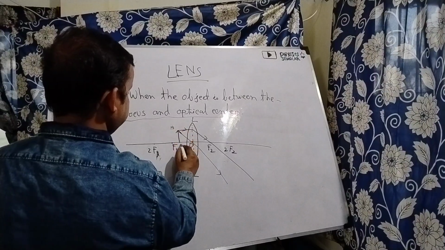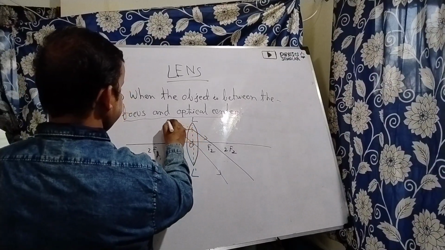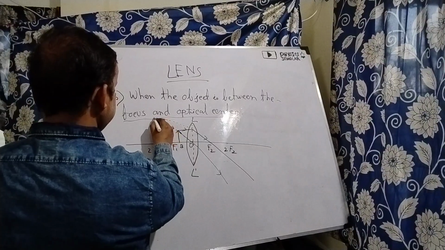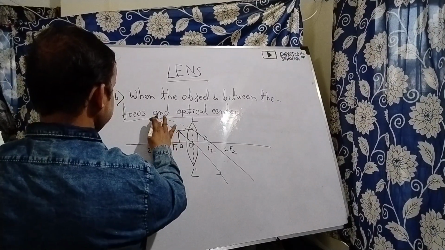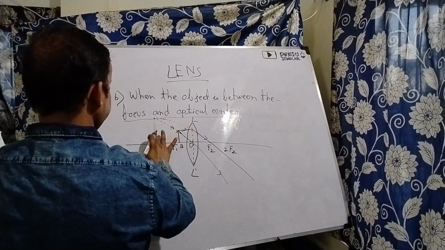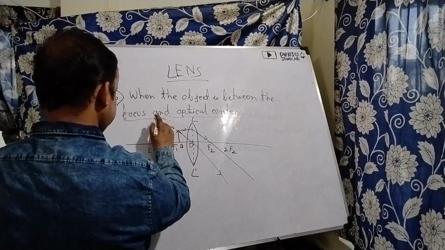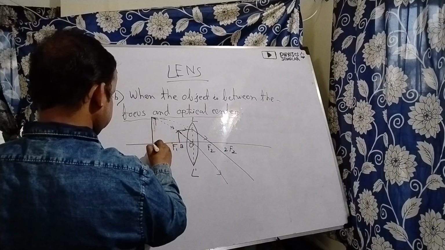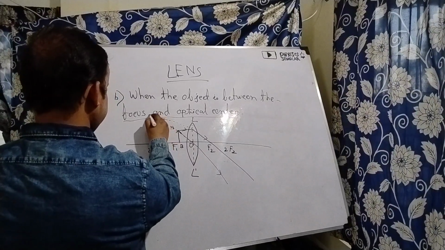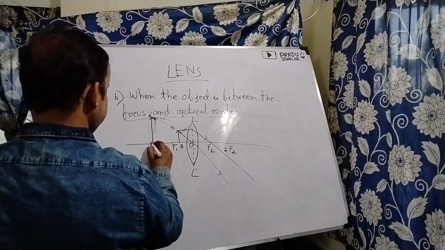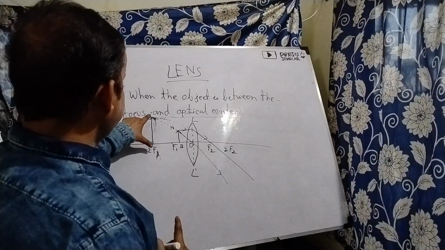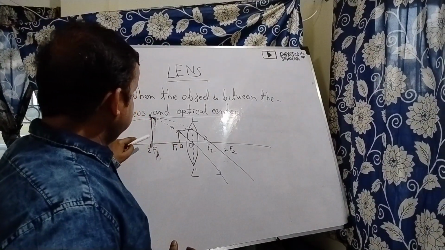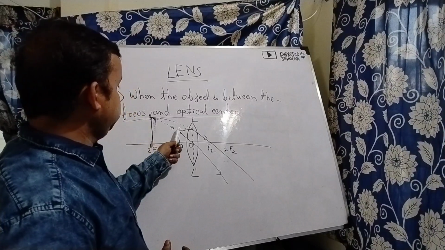If we extend the rays backwards, A dash B dash will be the image of the object AB.